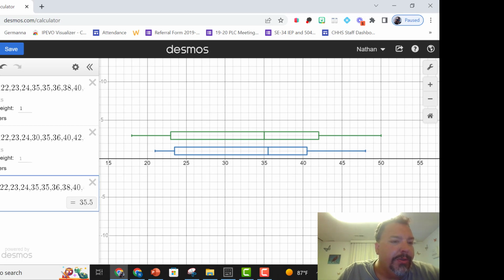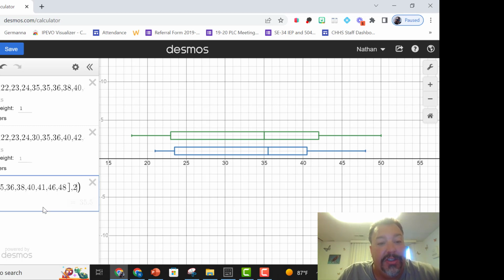And you can even do the quartiles. So to do the quartiles, it's a little bit different. You're going to type in quartile here. And then at the end of the list, you need to have a comma. And if I type in 0, it's the 0th quartile, which is the same as the min. So you can see that 21 is the min. If I type in 1, I'm going to get the first quartile.